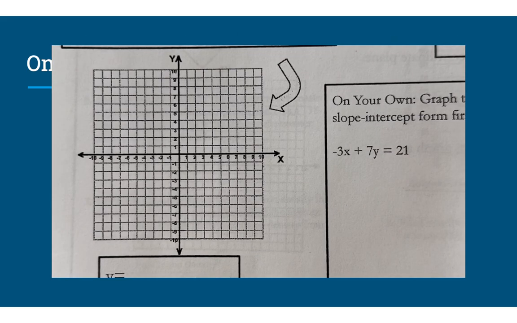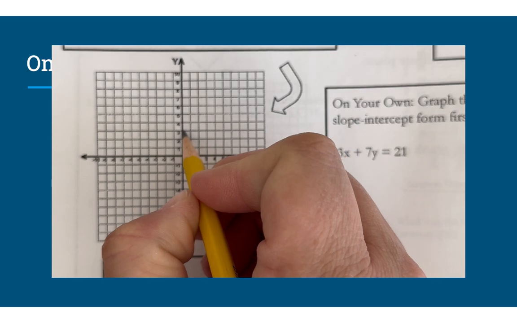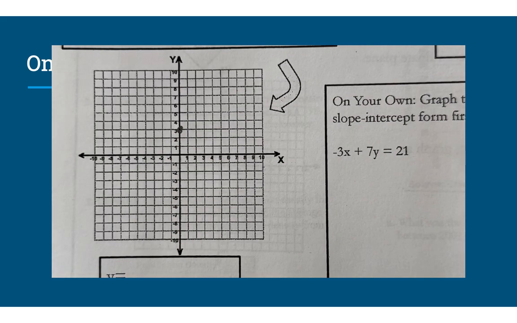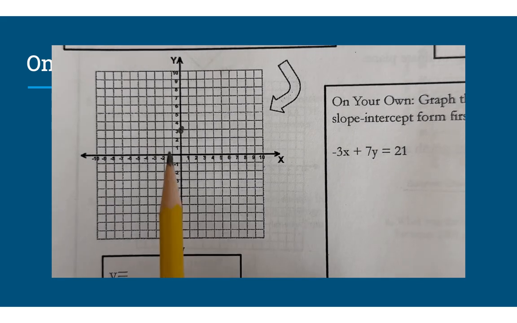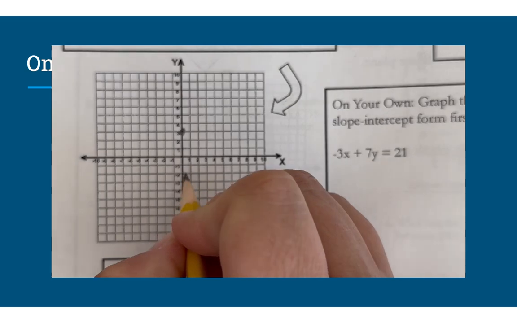Okay, so I am going to complete the on your own graph of writing the equation of a line with a slope of -5 and a y-intercept of 3. You can see that I am going to put a point at 3, and I will draw 2 more points with my slope. I'm going to go down 5 from my y-intercept, 1, 2, 3, 4, 5, go to the right one and put a point.